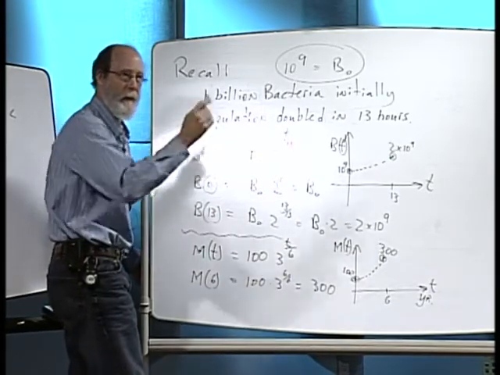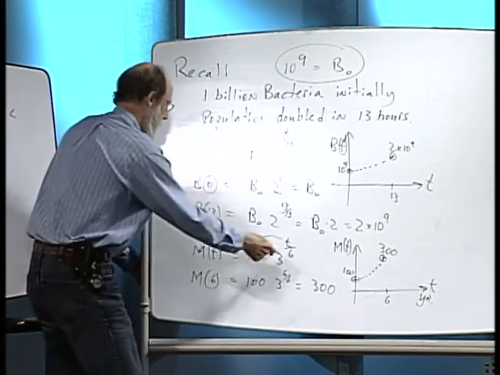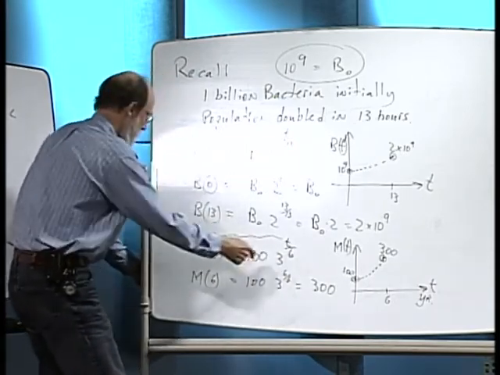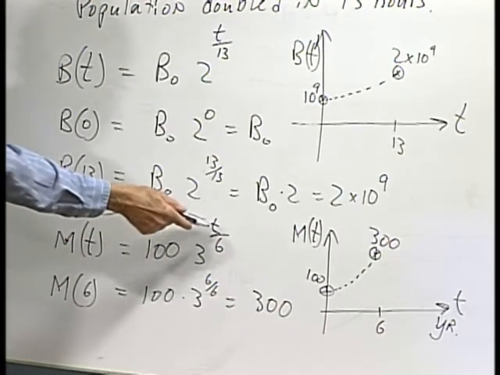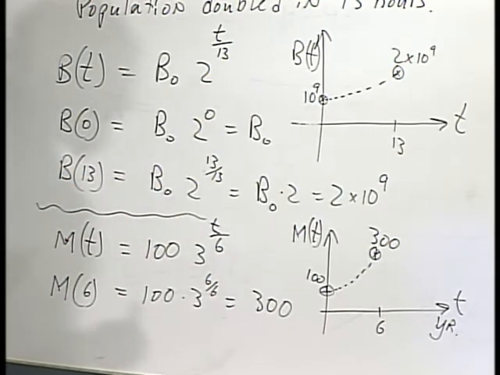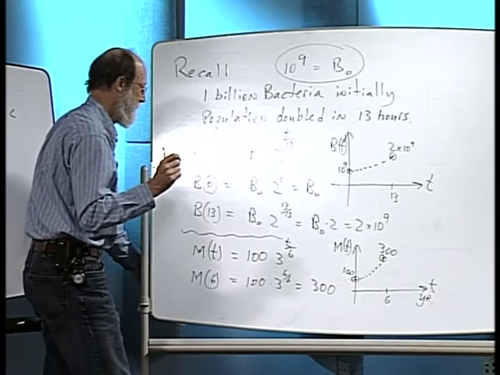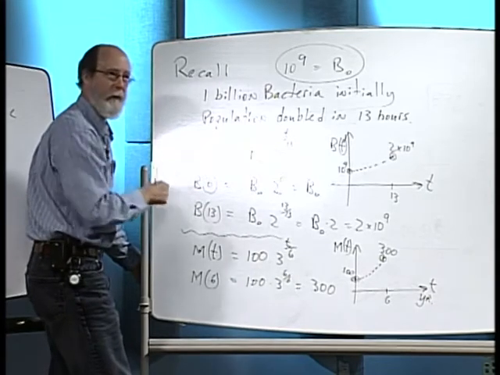Okay. Here's a question for you. Let's say we have this money model right here with $100 invested, tripling time known to be 6 years. Let me ask, when is it going to be worth, say, $200?